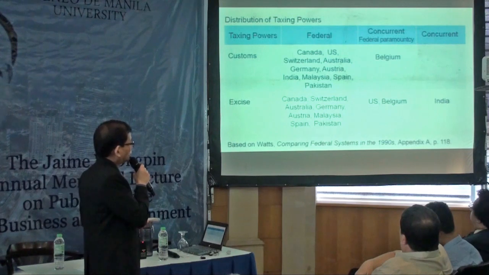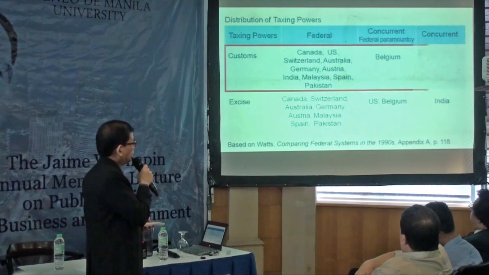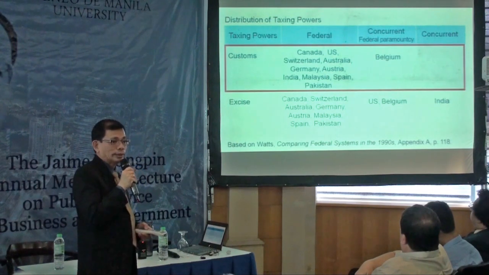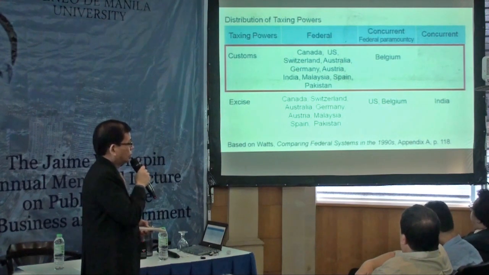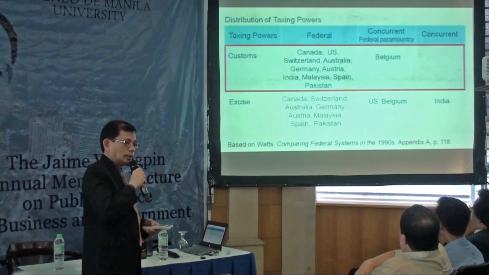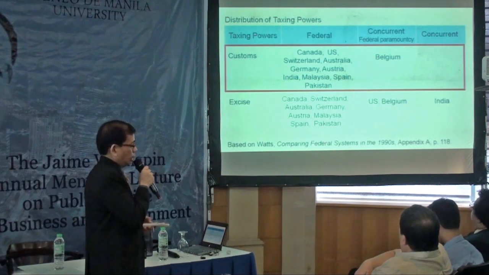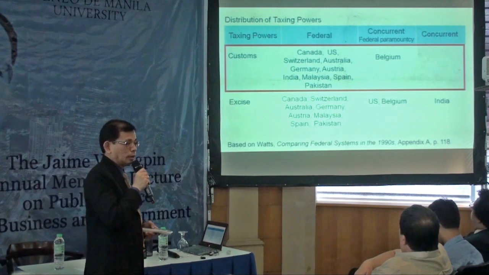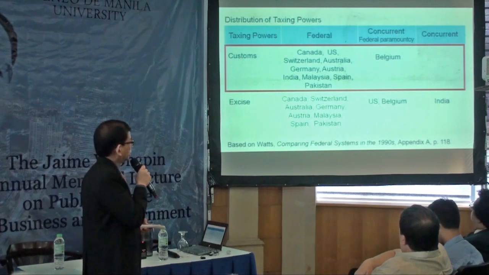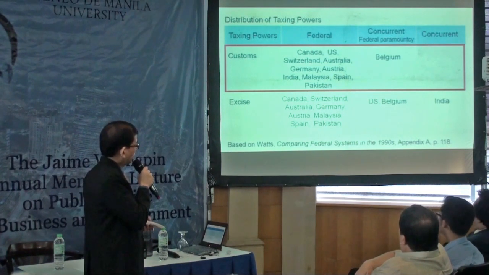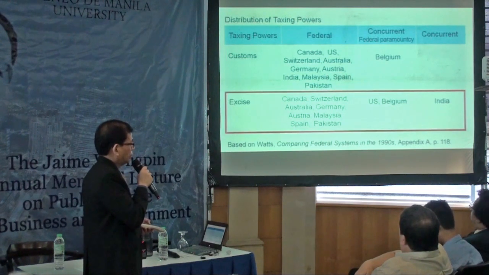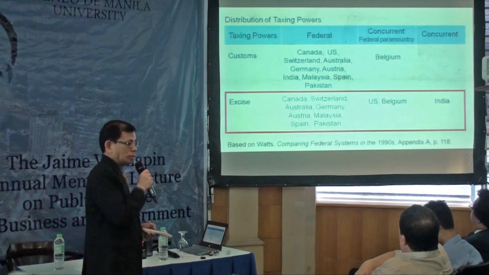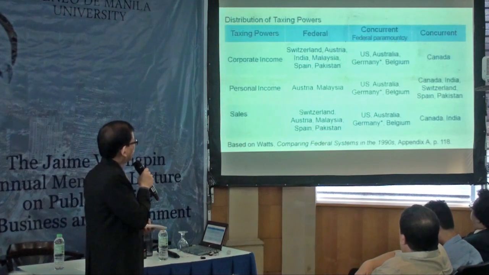The point is that in terms of customs, you will see that they would be mostly exclusively federal, with Belgium the only concurrent. Federal paramountcy simply means that if there is any conflict, it is the federal that takes priority. Similar to excise tax, it's also mostly exclusively federal, with the US and Belgium being concurrent.